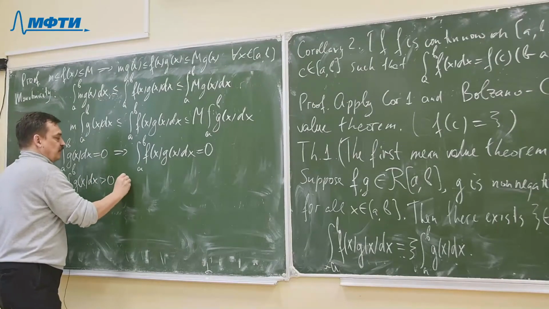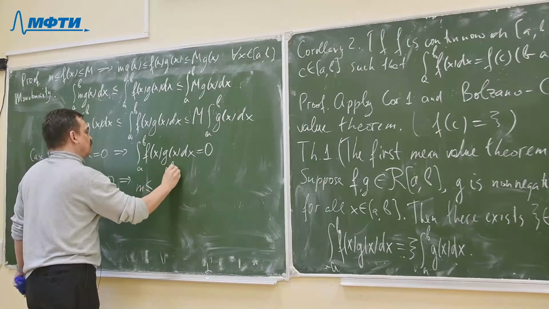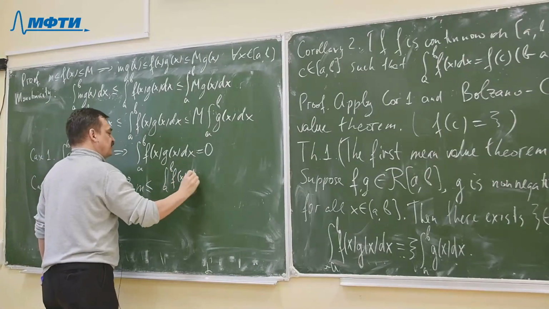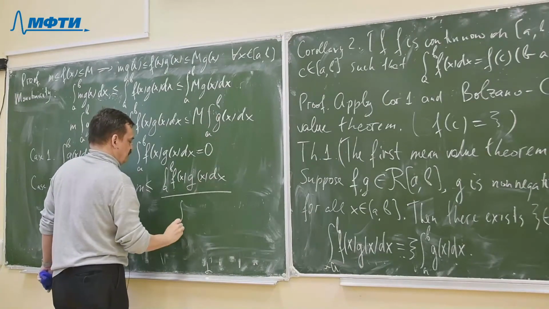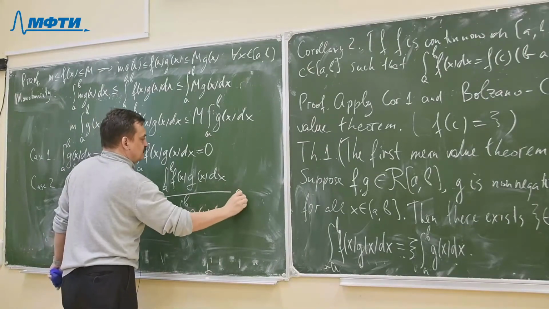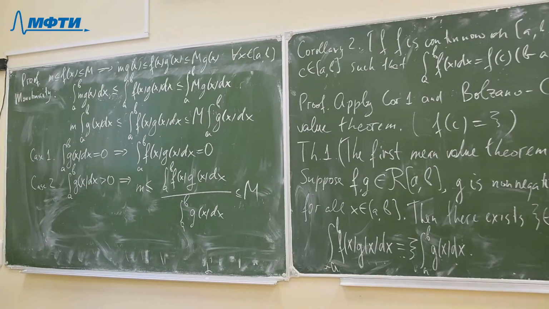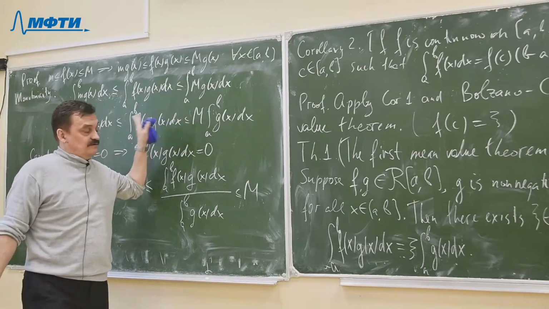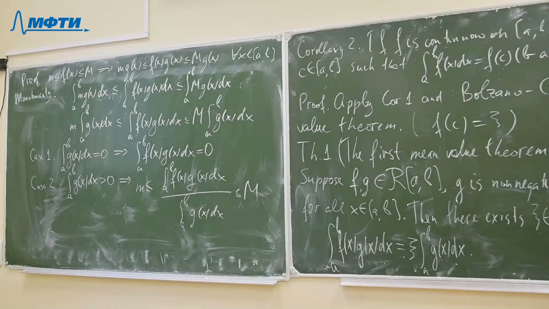Then what we have? m is less or equal to the integral of f(x) g(x) dx over the integral of g(x) dx, less or equal to capital M. So I divided all three sides of our inequality by the same positive number, right?